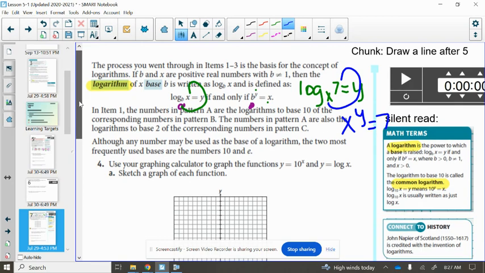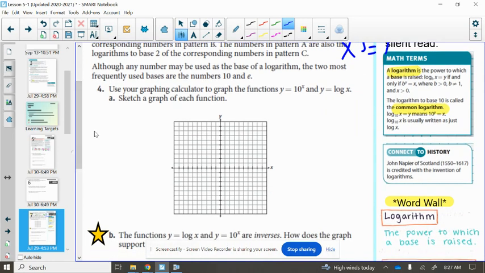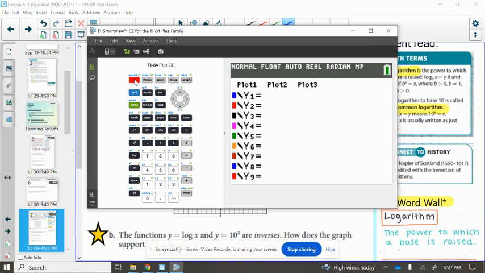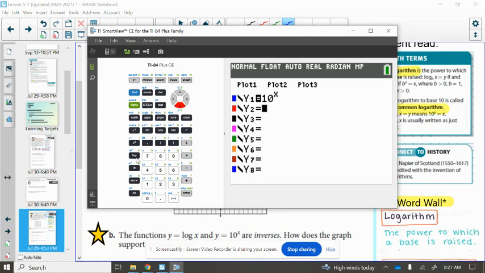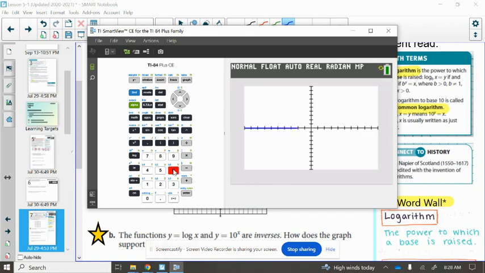And again, the importance of these is that they share this inverse relationship. So if we take our calculators and we graph 10 to the x power and then log of x, if we zoom 6, we're going to notice that we have this inverse relationship.